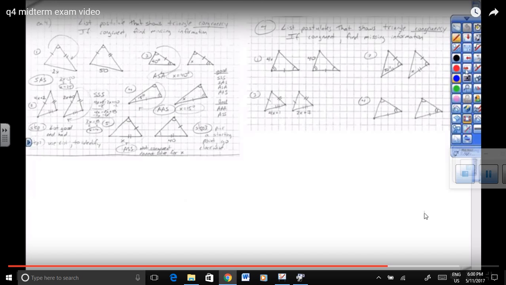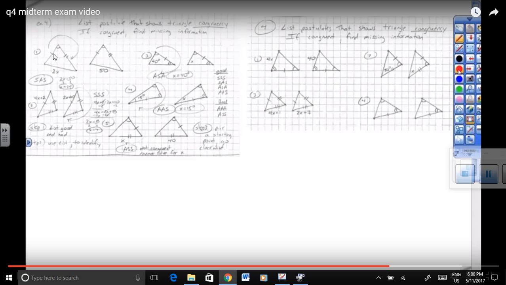Alright, congruent triangles. These examples show, first one, side, angle, side: an angle sandwiched between two sides. Look at them right in a row: 1, 2, 3. Side, angle, side. This one is side, side, side. Number 3, an angle with a side sandwiched between another angle.